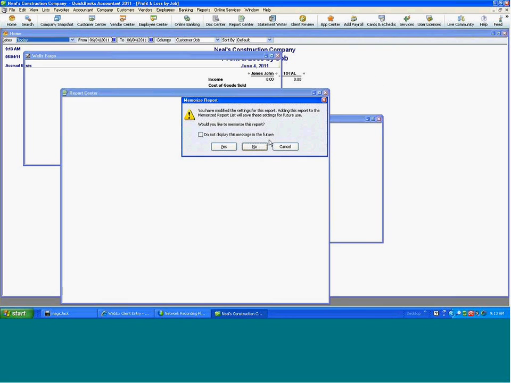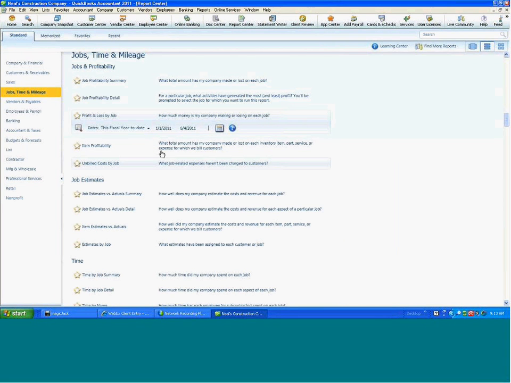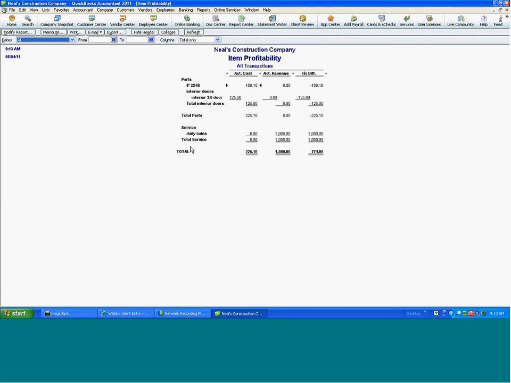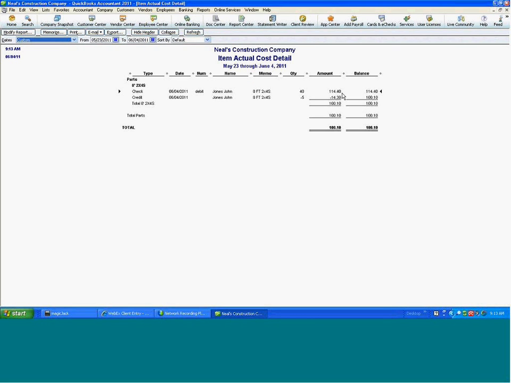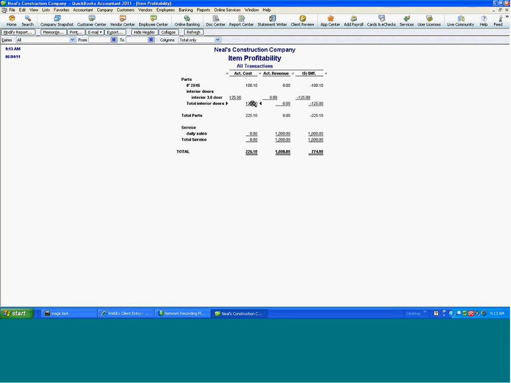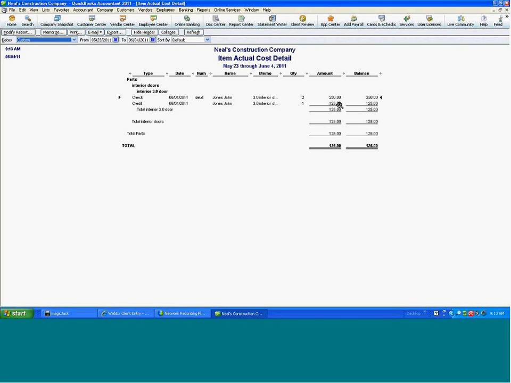And I can even go down further down to my item profitability. And there's $100.10 for 2x4s. That was the original purchase of 40 plus the return of 15. And the same thing with the doors, the purchase of 2 and then the return of 1.